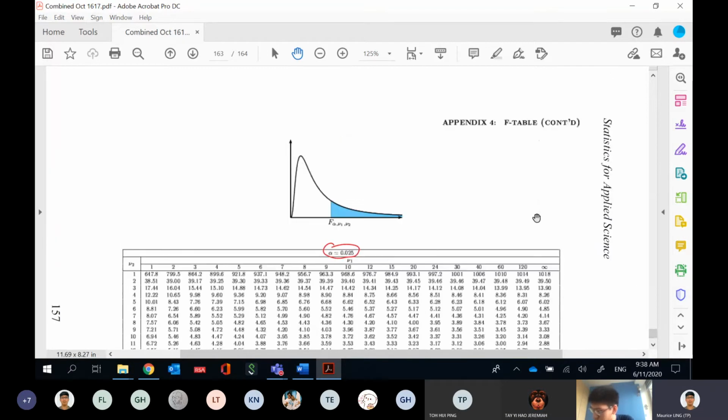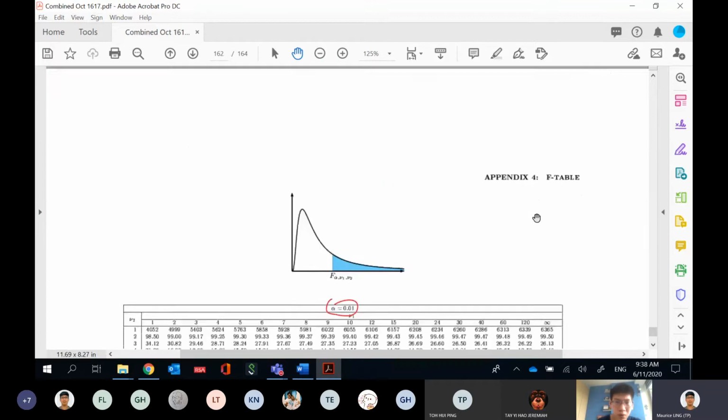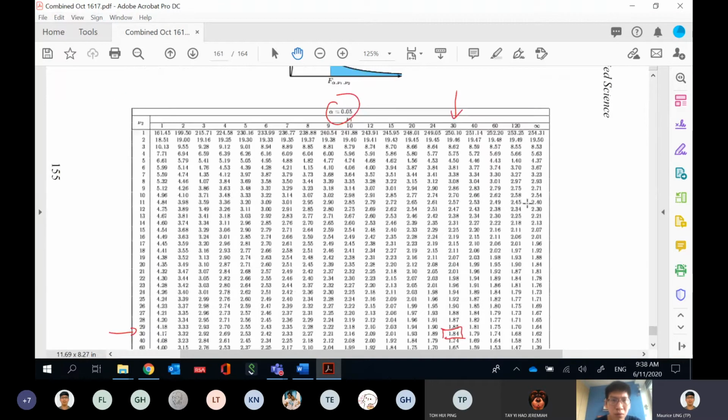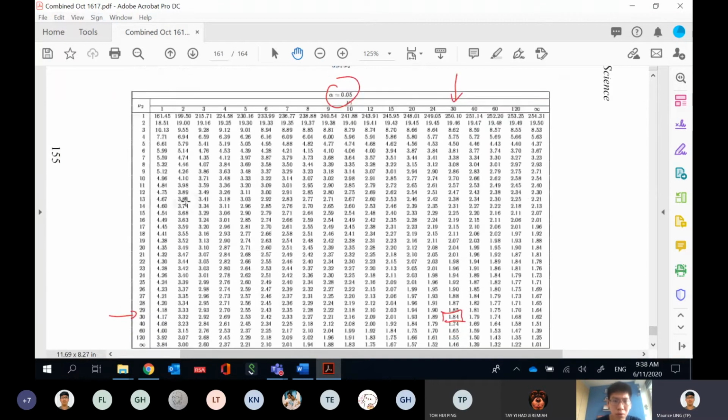Now, what I have to show you is, please read the table correctly. For example, let's say at 0.05, my 2 degrees of freedom are 10 and 12. So first degree of freedom is 10. I go to 12. This is 2.75.